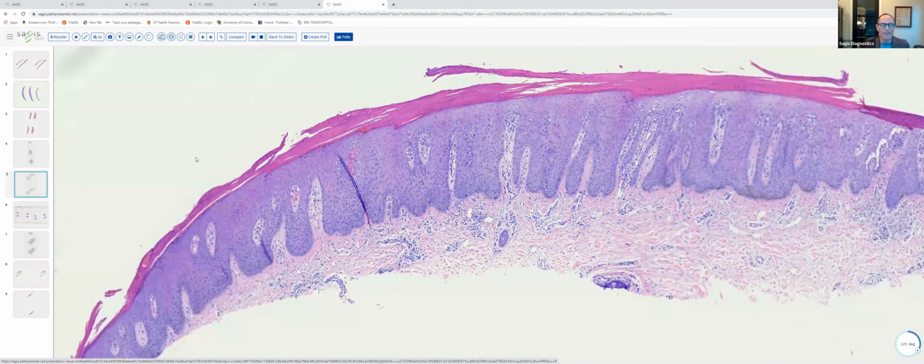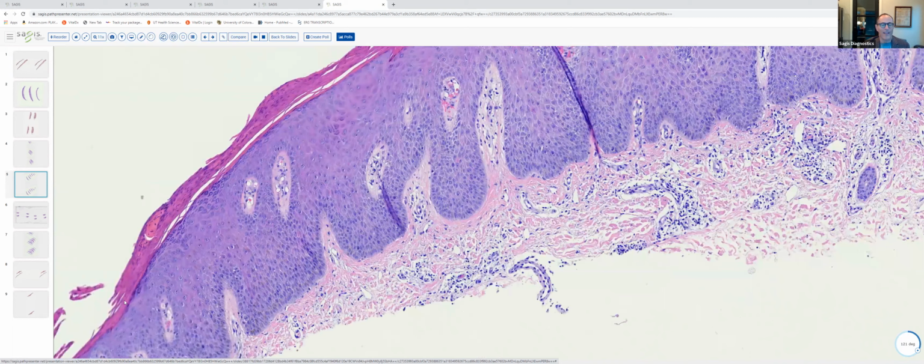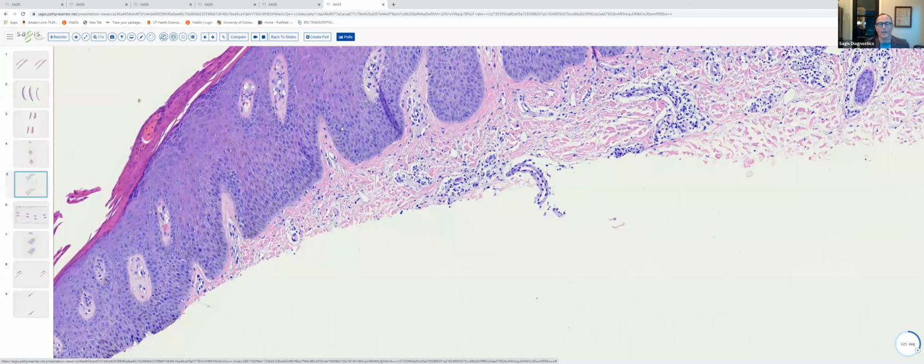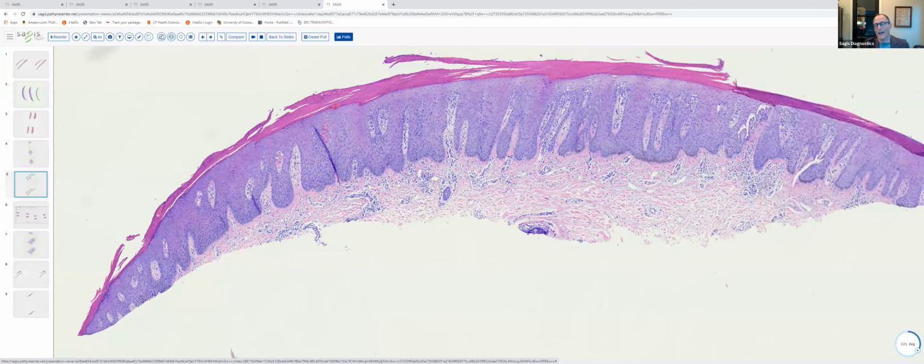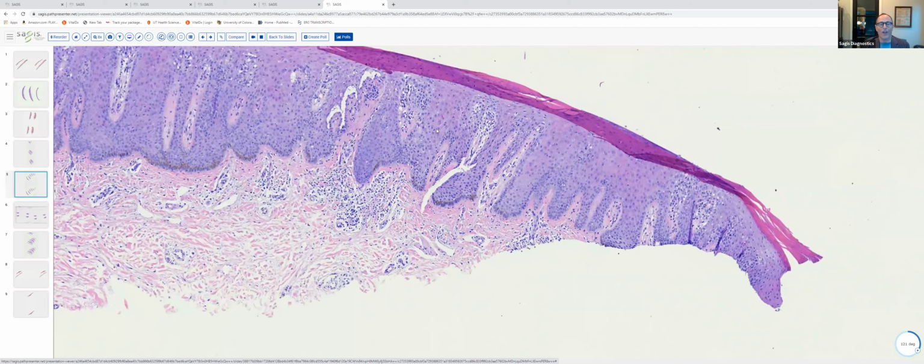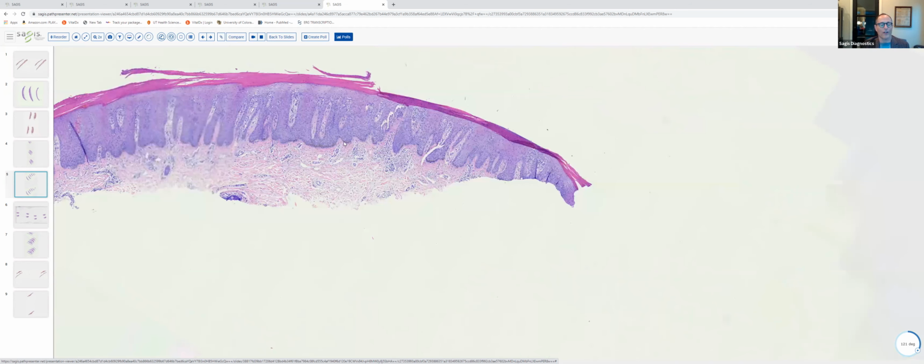So a lot of histologic overlap between pale cell acanthoma or clear cell acanthoma and psoriasis. However, if we take a look at the epidermal staining pattern, it's uniform across the specimen. We don't have that distinct transition between darker staining cells in the epidermis and the lighter staining cells of the pale cell acanthoma.